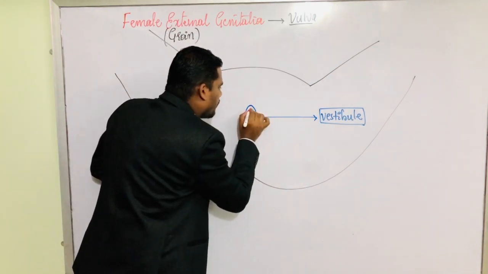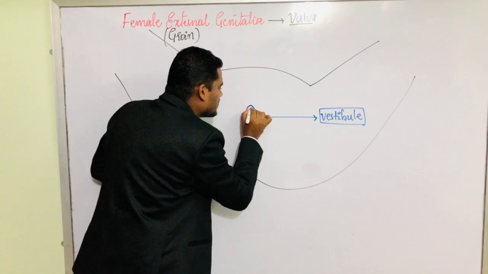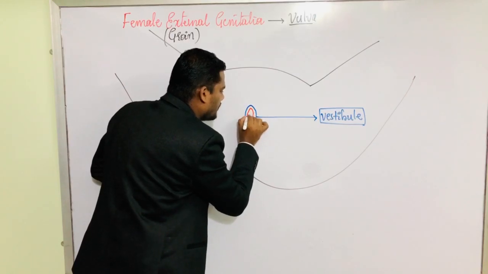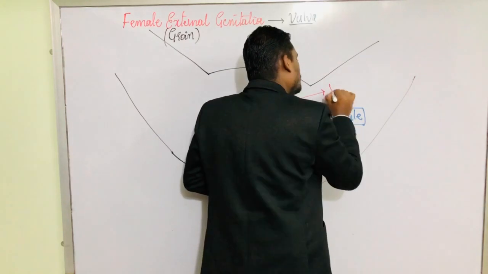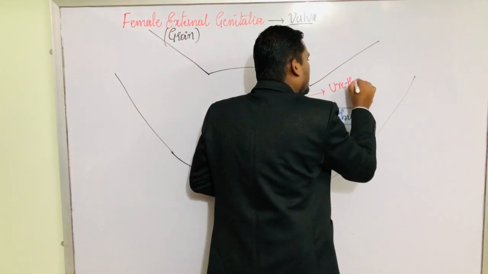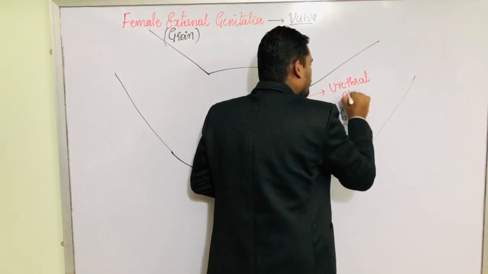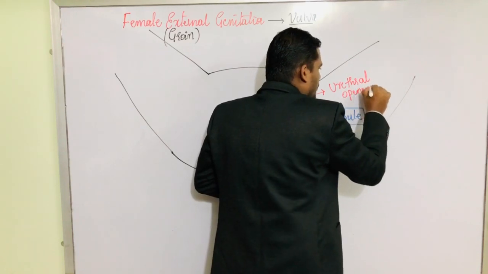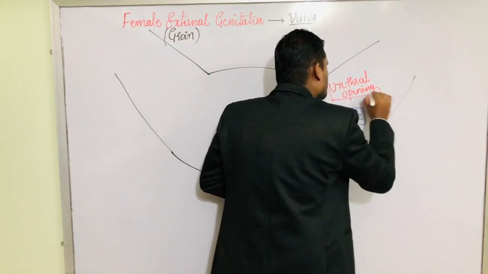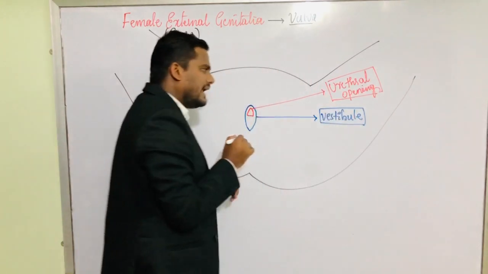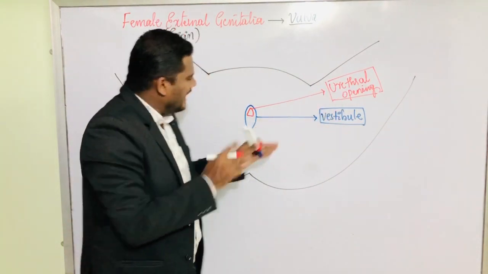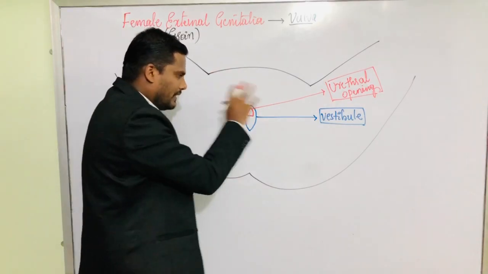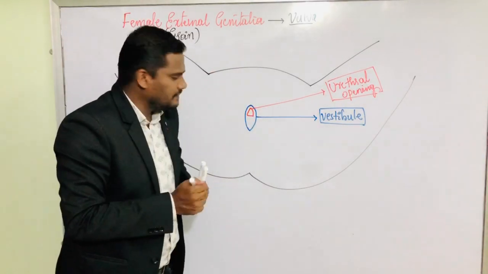The upper opening of the vestibule is called the urethral opening. We'll understand the detailed explanation about the vestibule, urethral opening and the other parts after completing the diagram and the labelings.